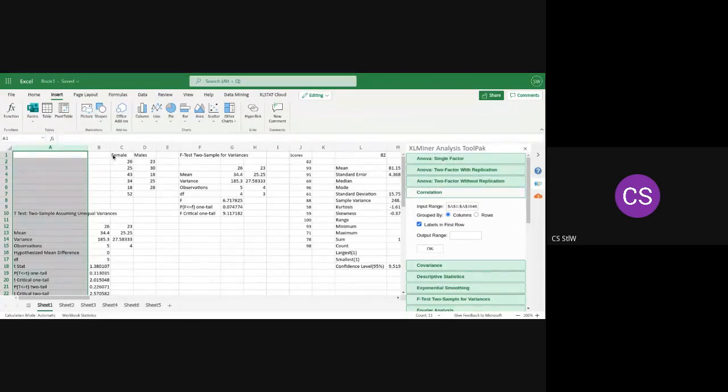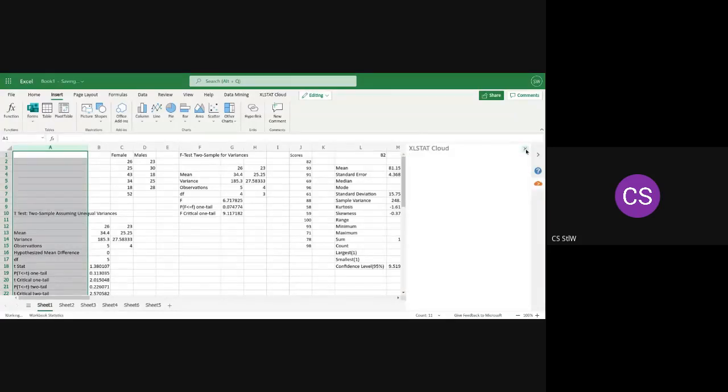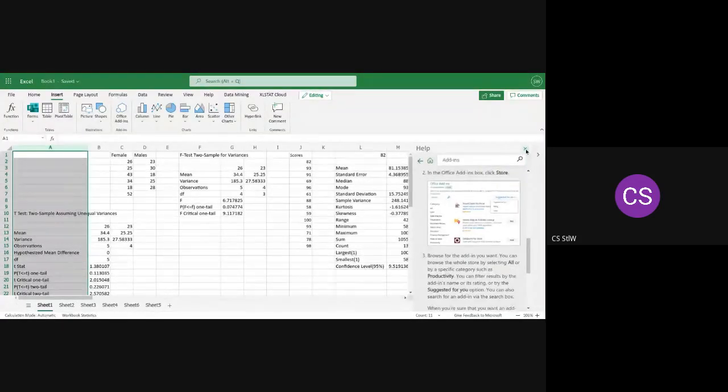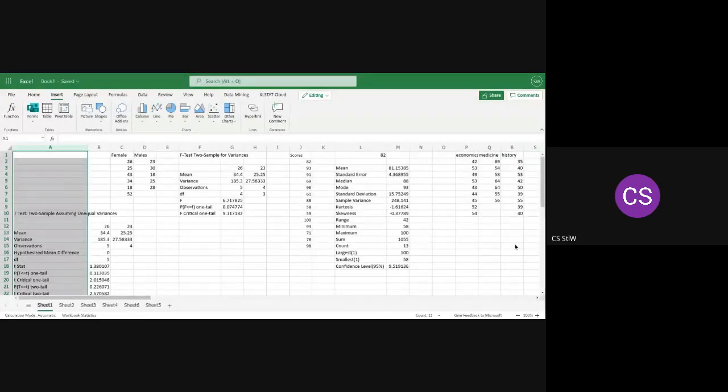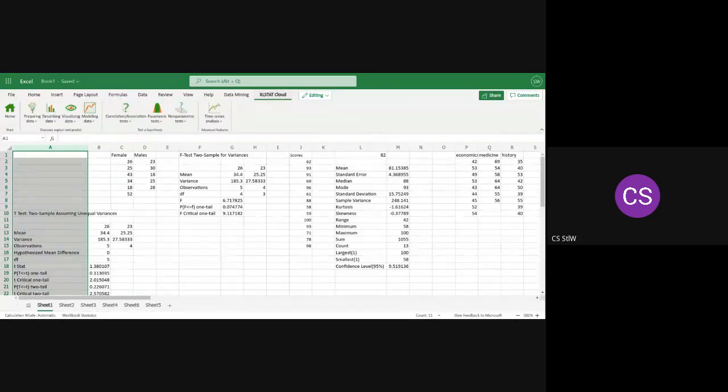To do that, I can cancel this out for now. Actually, I don't know why I cancelled that. We're going to use that extract cloud.